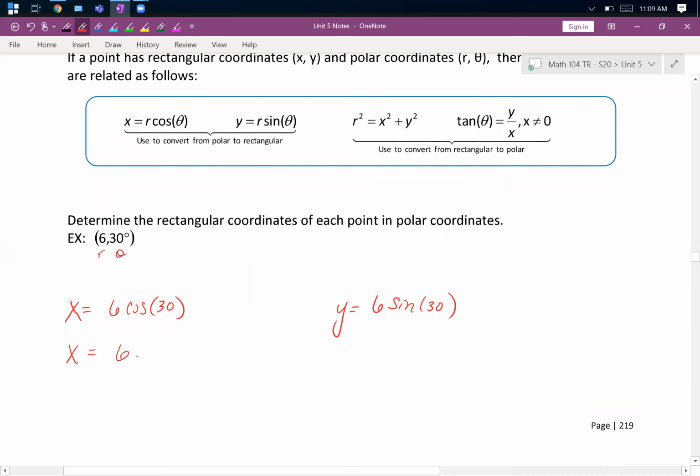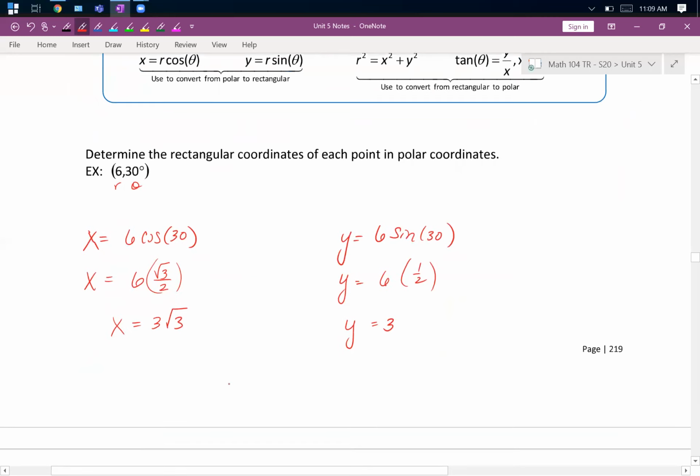Cosine of 30 degrees is square root of 3 over 2, so we end up with 3 square root of 3. And then sine of 30 degrees is a half, so we get 3. Our ordered pair in rectangular coordinates is (3√3, 3).